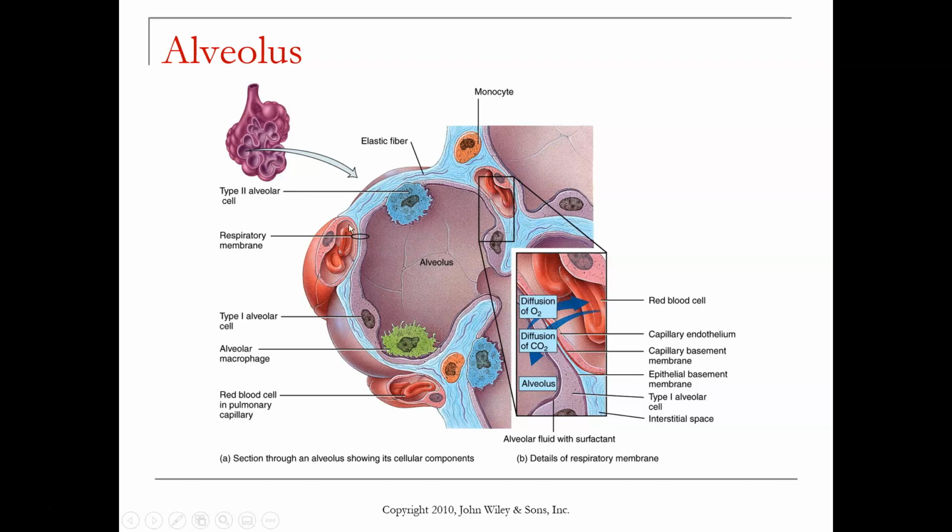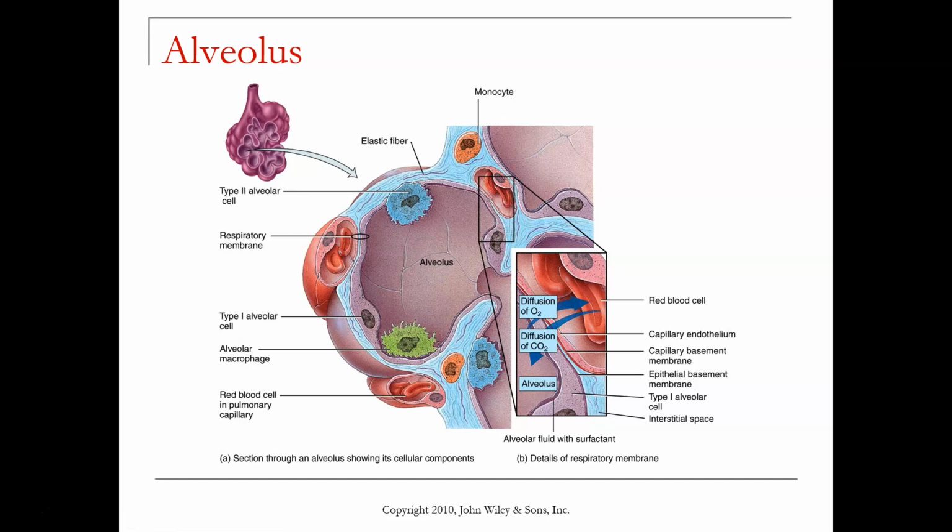So the pulmonary capillary, you already learned, is simple squamous epithelium called the endothelium. And then this blue stuff in here is connective tissue. So there's a lot of extracellular matrix, so that doesn't count as a cell barrier. And then over here, the alveolar wall is simple squamous epithelium. They call it a type 1 alveolar cell, but it's simple squamous.